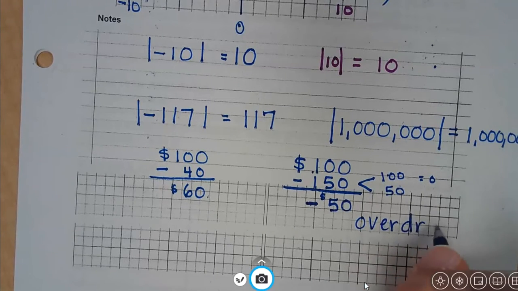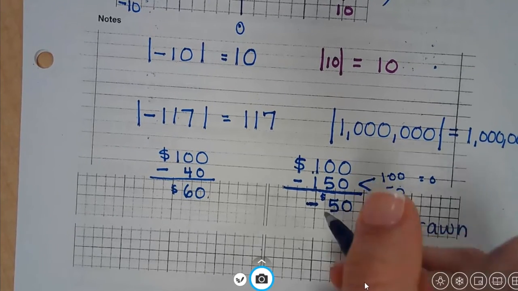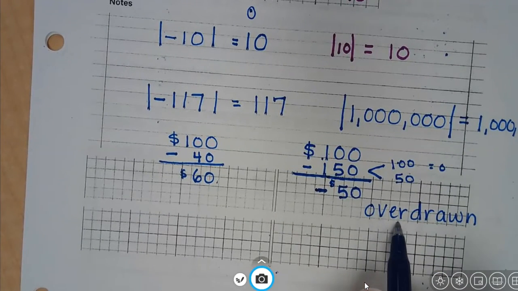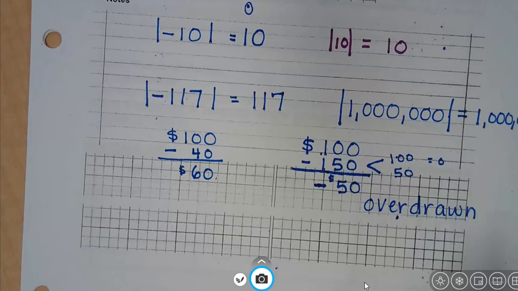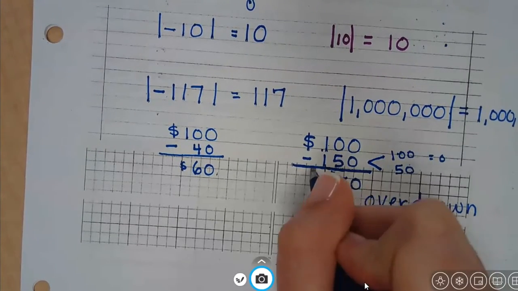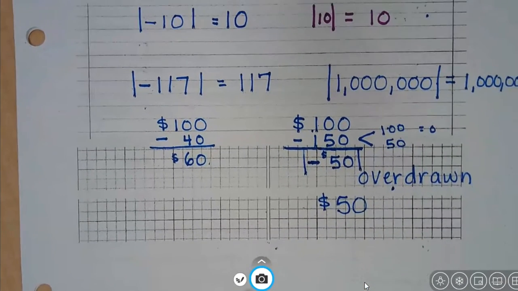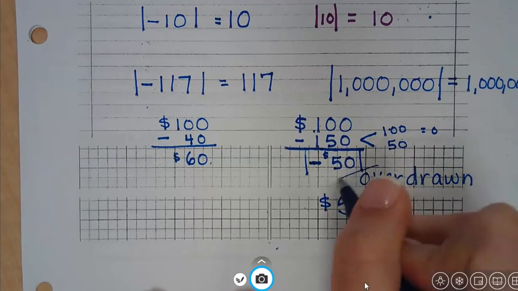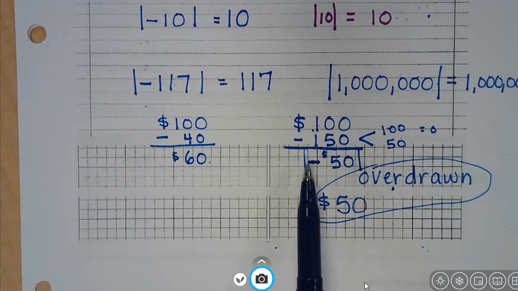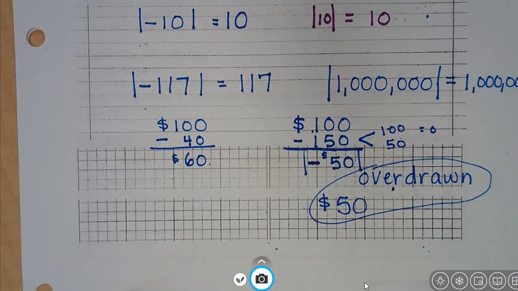So your bank account is negative or $50 overdrawn. So I wouldn't say I'm negative $50 overdrawn because that would be an actual positive amount. But when you're overdrawn, you're actually thinking of the absolute value of the negative 50, and you would say I'm $50 overdrawn. And everyone would know that that means you have a negative $50 in your bank account.